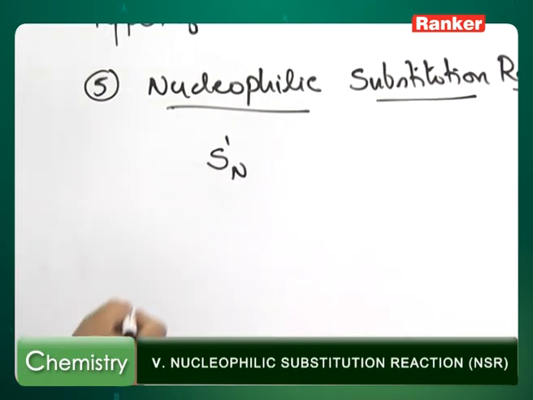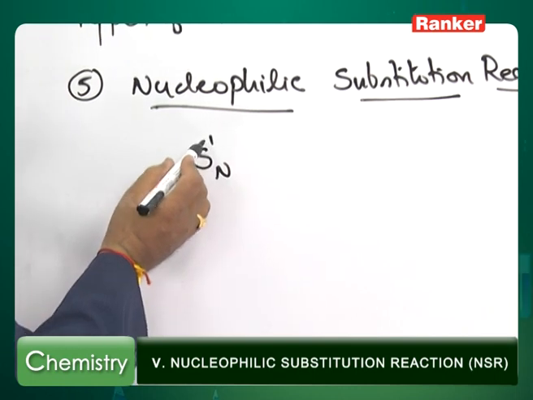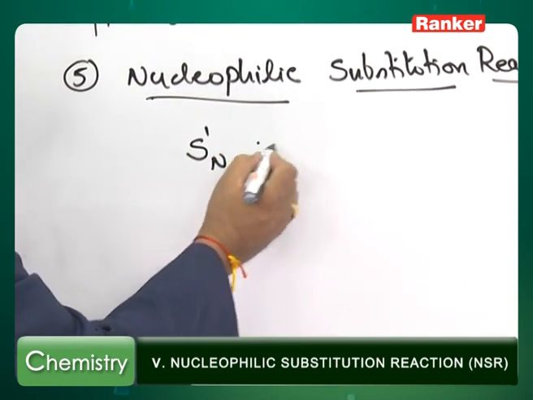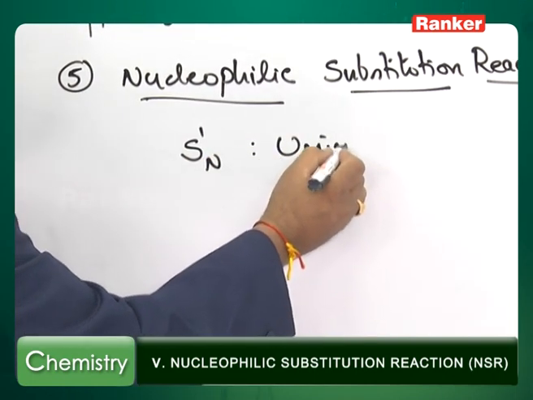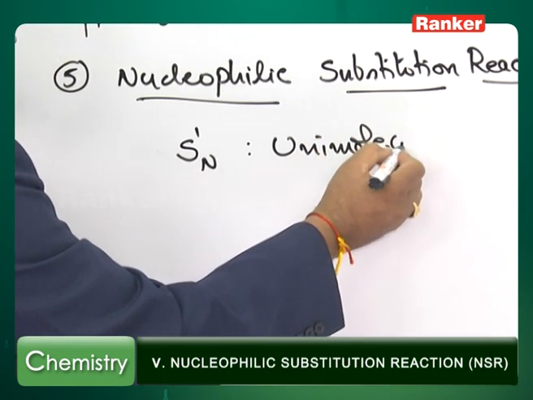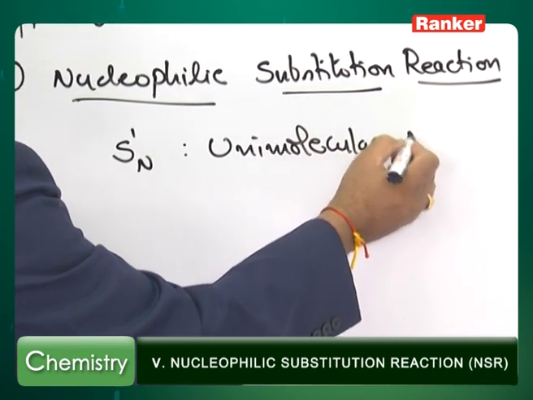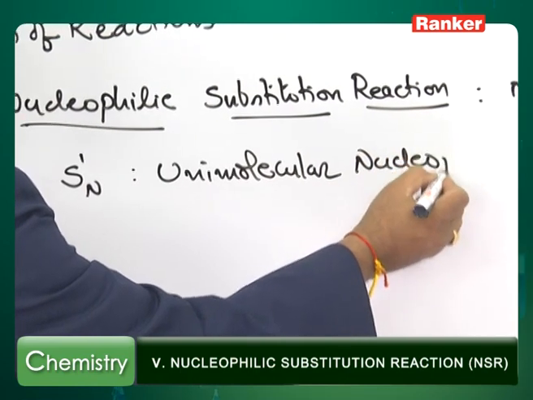So, let us take the SN1 type of mechanism. This is called substitution nucleophilic unimolecular, or you can say unimolecular nucleophilic substitution.